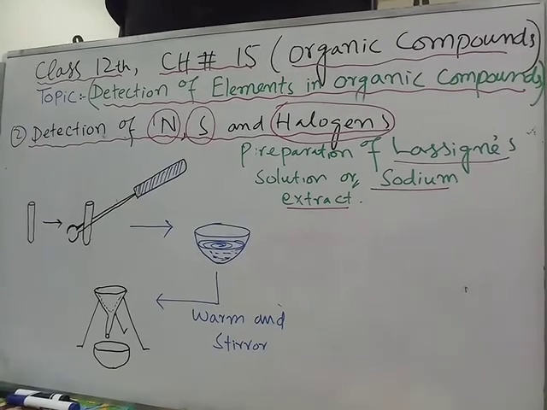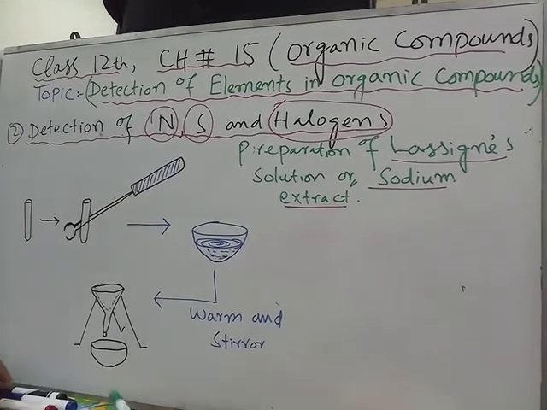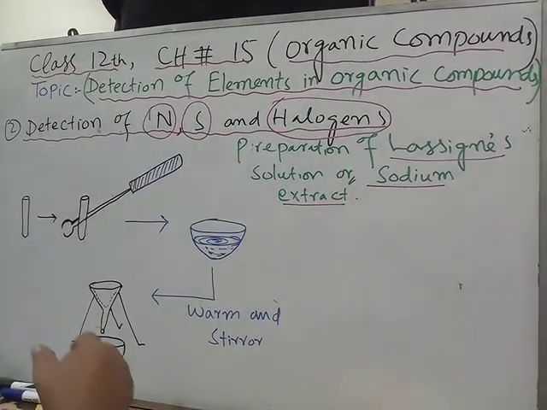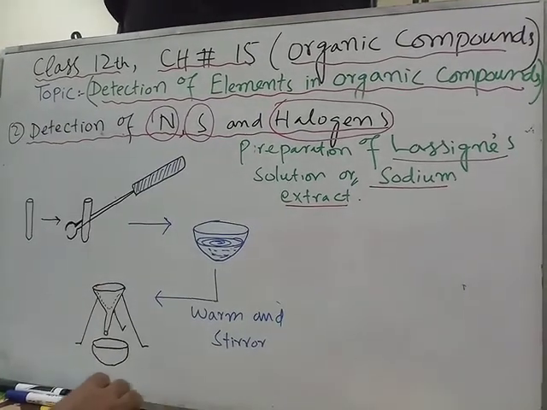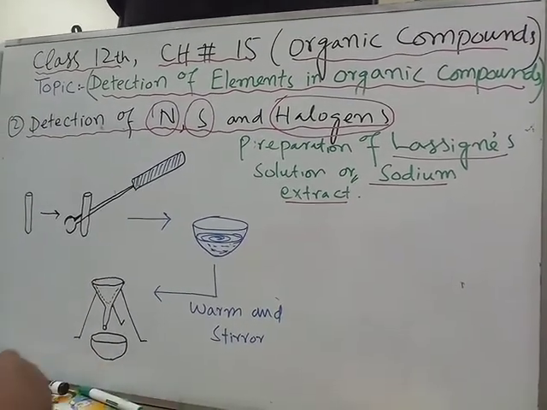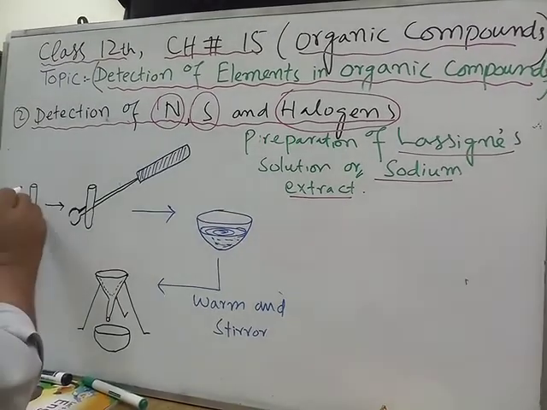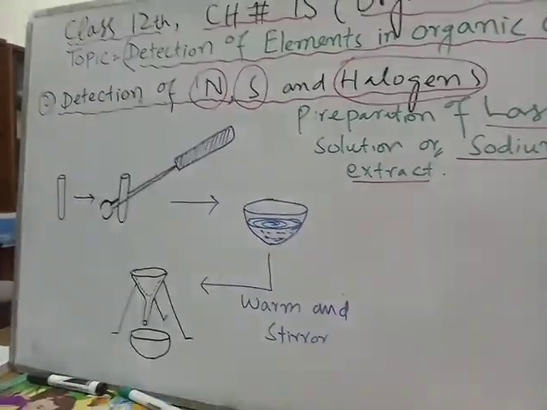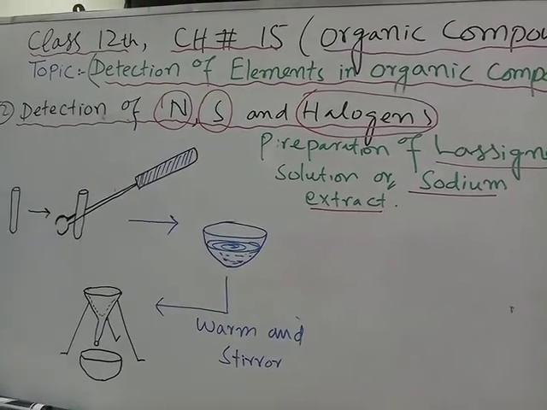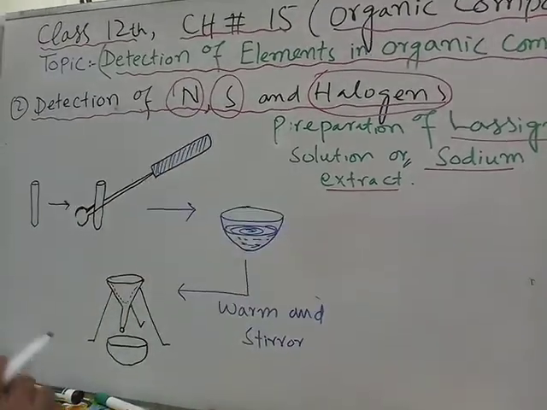We have to proceed as follows. There is a very small tube in our labs, normally what we call a fusion tube. This is the fusion tube, which is a small size, around an inch in length and very small diameter.